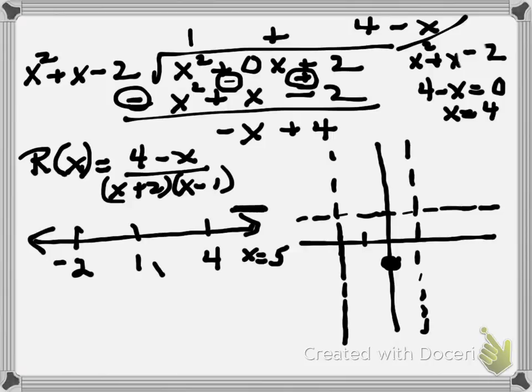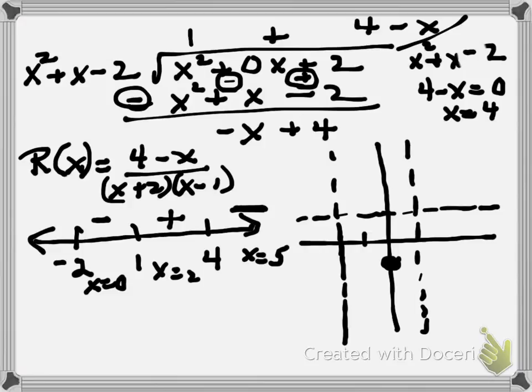Then if I pick a number in this region, let's say I pick 2, I have 4 minus 2, that's positive in the numerator. In the denominator, I have 4 times 1, that's positive, so this region is positive. In this region, if I pick, for example, 0, I have 4 minus 0, which is positive in the numerator. And 0 plus 2 is positive, 0 minus 1 is negative, so that's going to give me a negative in this region.